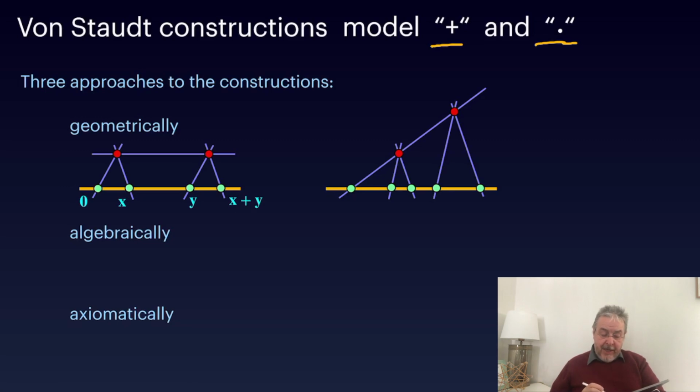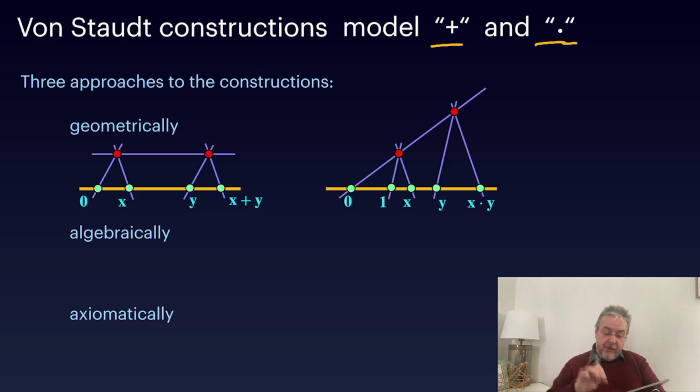So essentially what we will see is that if you have a line that you consider to be a line for calculation, and you put a 0 here and a point x and a point y here, this point here plays the role of x plus y. I will explain in a minute what I exactly mean by that. And similarly, this point here plays the role of x times y.